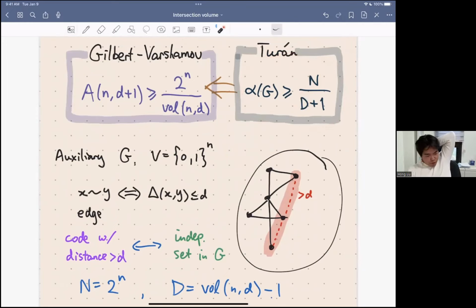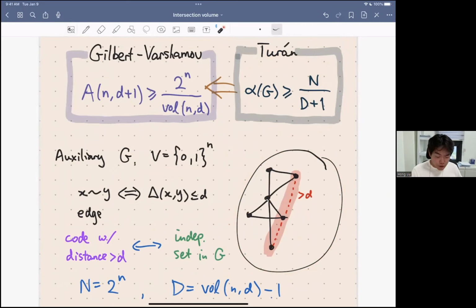To prove this Gilbert-Varshamov bound, we just build an auxiliary graph where the vertices are all the length n binary strings. We put an edge between two strings if and only if their Hamming distance is at most d.